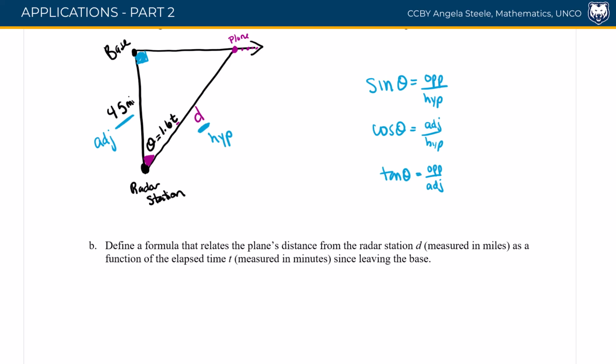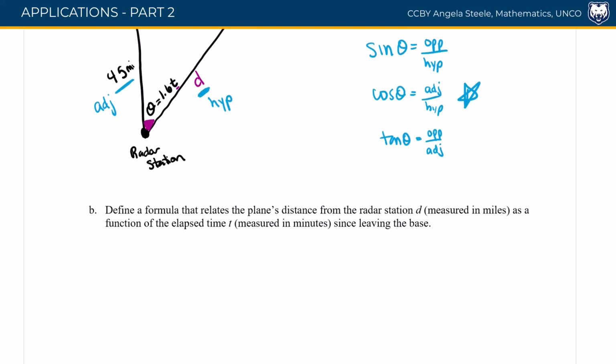Since in our triangle we are looking for the d value, which is the hypotenuse, and we are given the adjacent side, we want to use the function that has the hypotenuse and the adjacent. You can see that the cosine is that trig function, so we're going to use the cosine for our relationship.